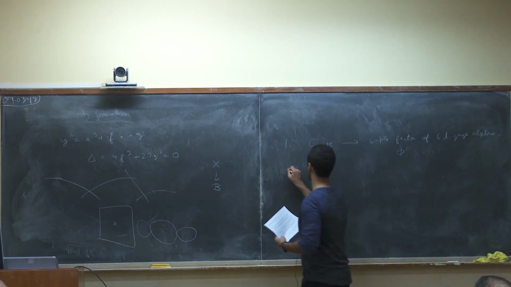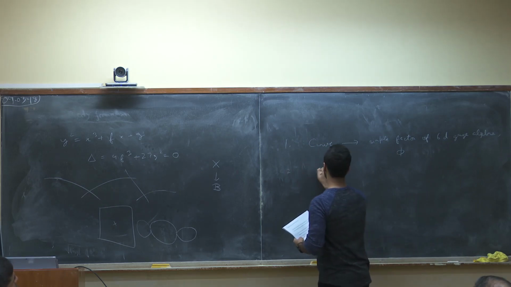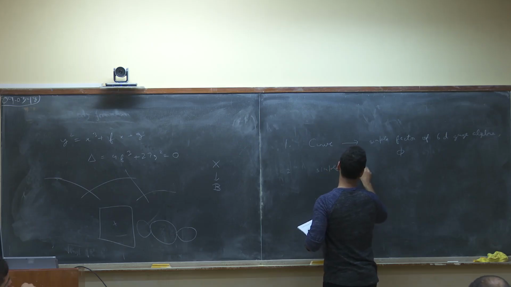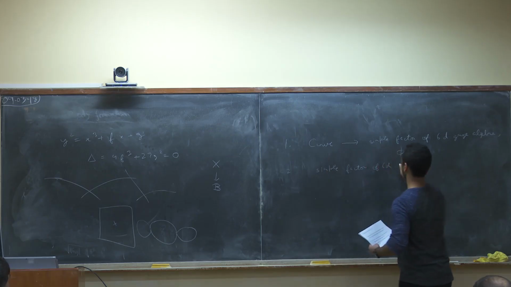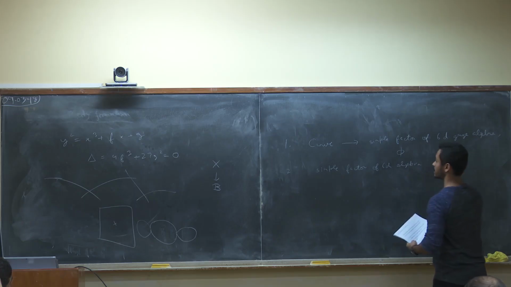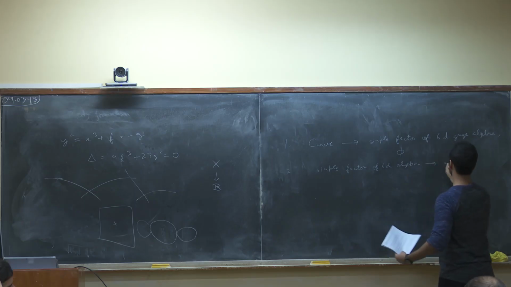Okay. And if you have a simple factor of 6-dimensional gauge algebra, then it necessarily lives on a single curve.